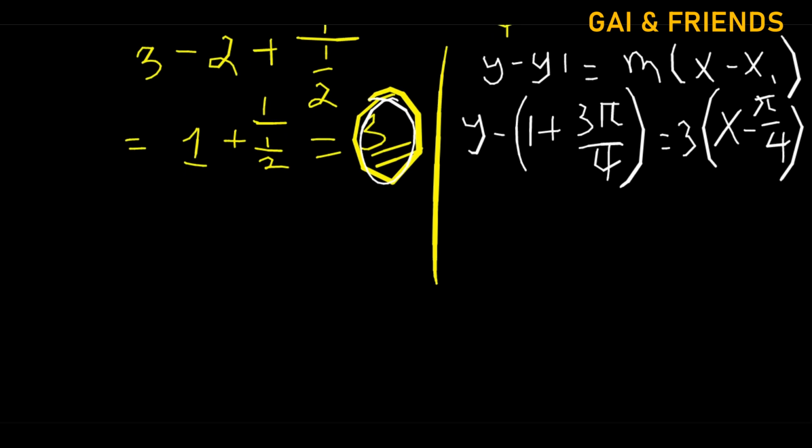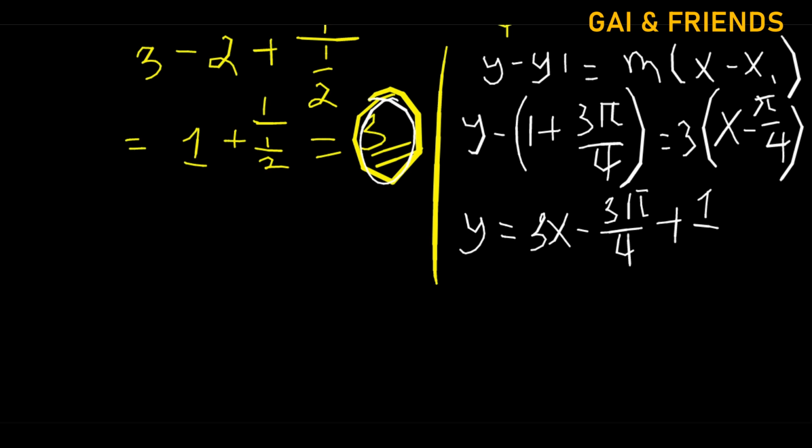So to make y the subject, it's going to be y is equal to 3x minus 3 times pi out of 4, which is 3 pi out of 4. Plus 1. Because when you are crossing the equal sign, the sign will change to positive.